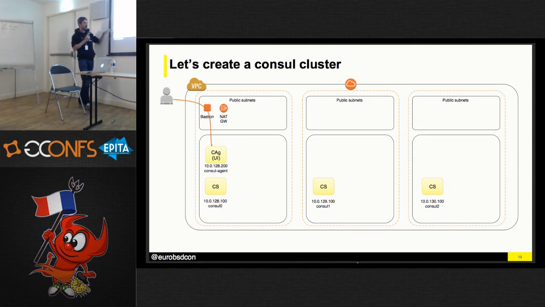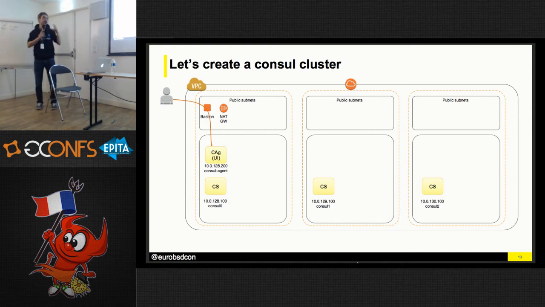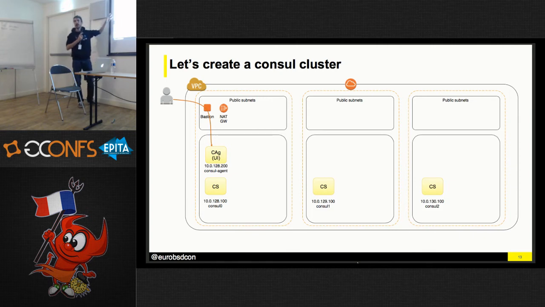In our case, this cluster is going to be made of 3 machines, which are Consul servers, servers that participate in the Raft distributed consensus and that store data. And this one is just a client of the Consul cluster, so it's part of the cluster, but it's not going to store any actual data and not participate in any master election. I'm just using it to connect to the UI, so I can give you a graphical version of what's happening. And let's do that.